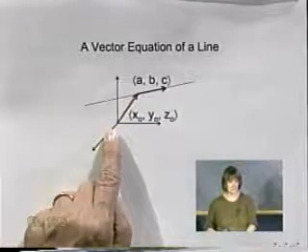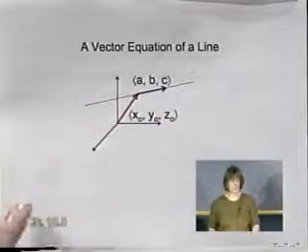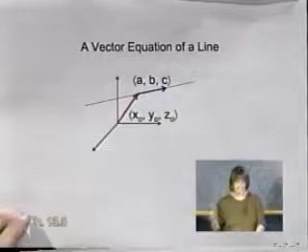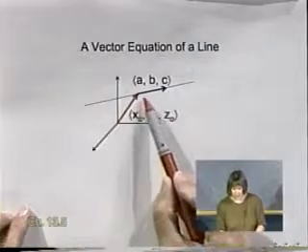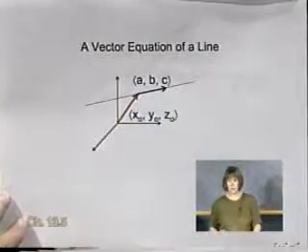We all okay with that? I should have made x naught, y naught, z naught in red to go with the red vector. I'll do that next time. Okay? Now, vector ABC is the vector that's pointing me in the direction I'm going.